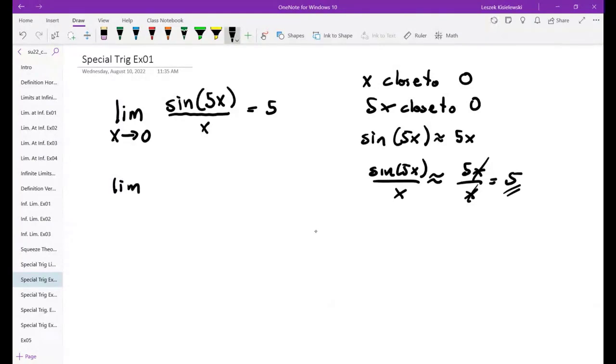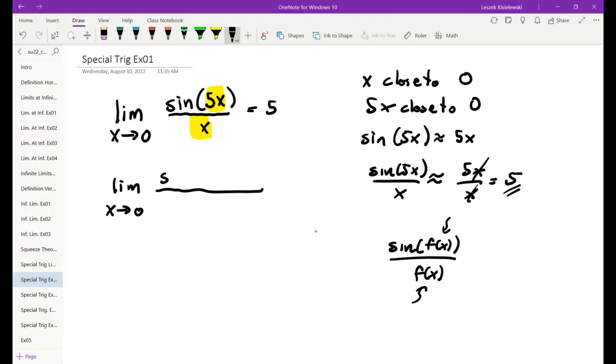Now, to use the special trig limit, and this is going to be the moral of this problem, the function that's inside the sine has to be matched by whatever is in the denominator exactly, right? So we want the denominator here to be exactly the same function as what's inside the sine. These must match exactly.